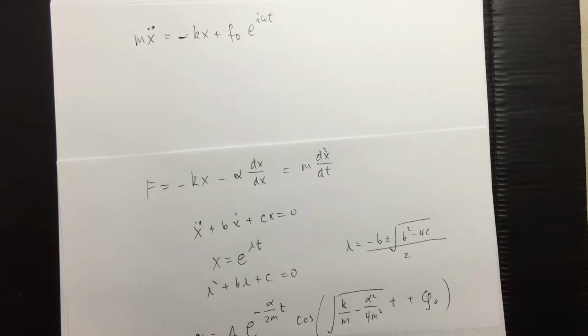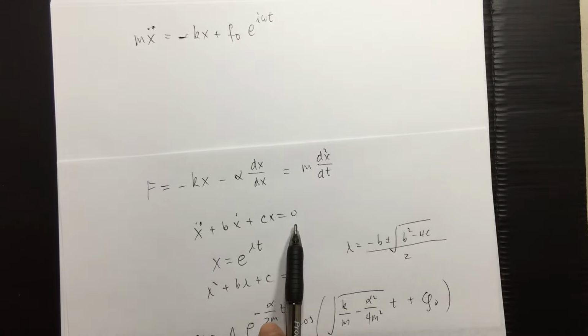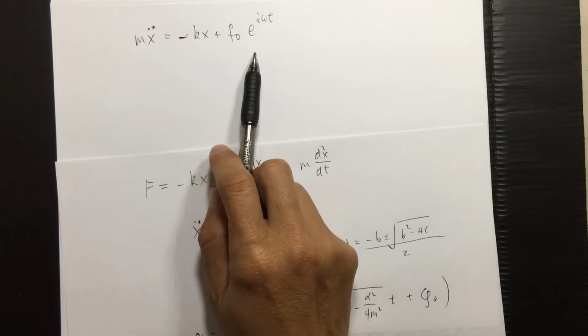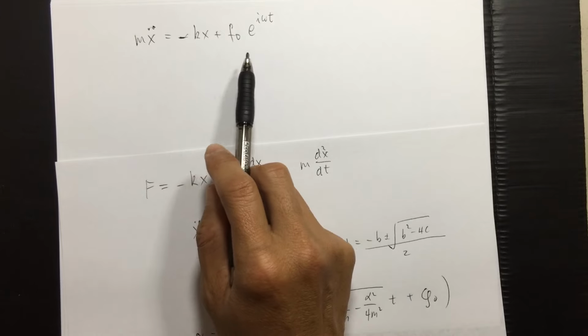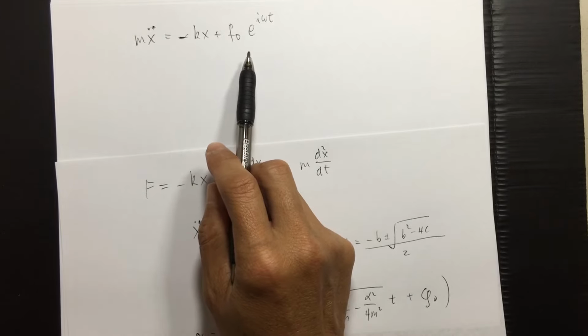There's one thing that's different, because what we did before, we got it to be all zero, right? Now we have a term here that doesn't have x in it. It's not like x double dot plus something x dot plus x equals 0. This is the leftover. This is like a g of t situation.